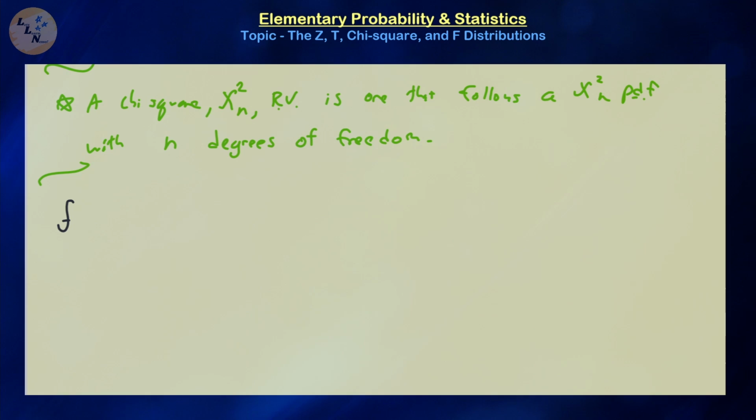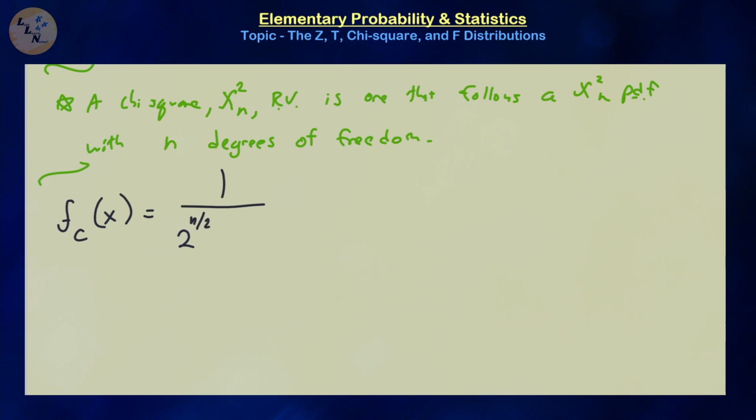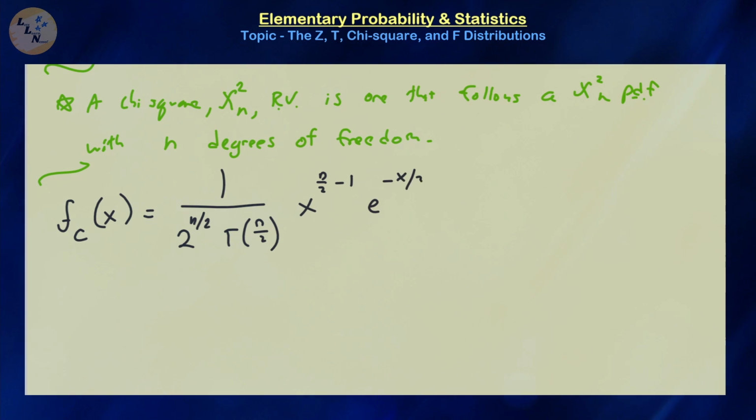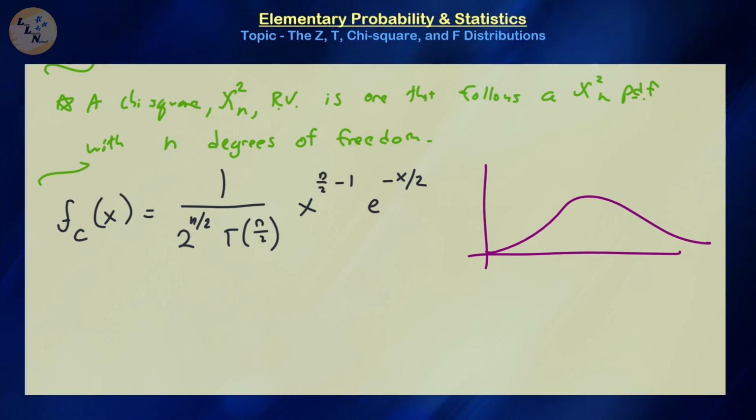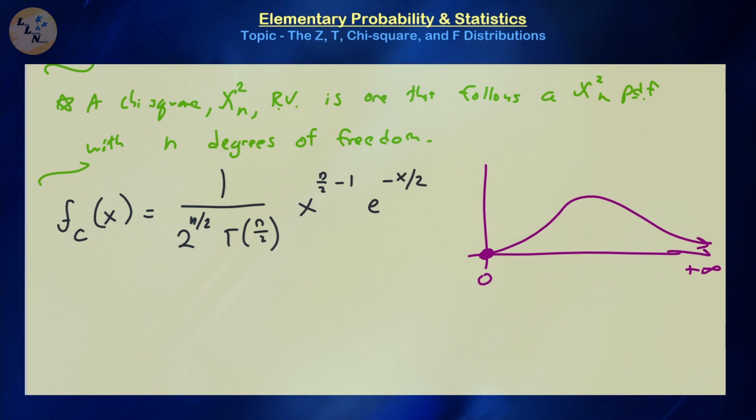So the density of this random variable c is going to be equal to 1 divided by 2 to the power n divided by 2 times gamma of n divided by 2, times x to the n divided by 2 minus 1, times e to the minus x over 2. So if you were to graph this, say in Desmos, you're going to have a graph that looks sort of like that, where it's starting at 0 and goes up to positive infinity.